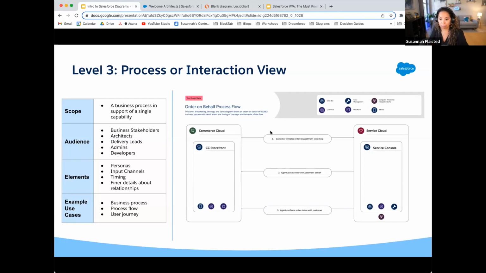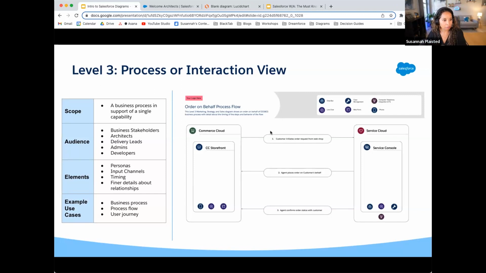You can see there's directionality in this diagram. It's a little hard to see. There's arrows going from Commerce Cloud to Service Cloud, for example. And classic examples of this are a business process like we're looking at now, or maybe even a user journey, which is really important to think through as you're solutioning, sort of separating the tech from what an actual user needs to step through in the process that they're trying to complete.